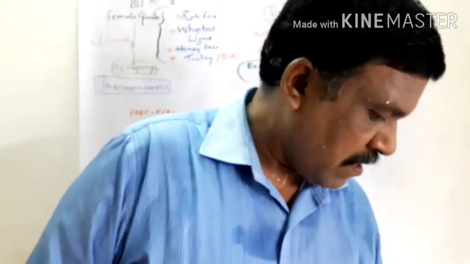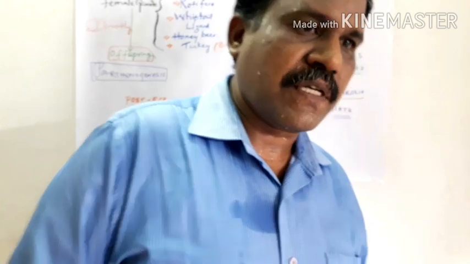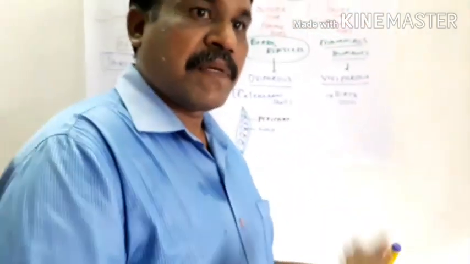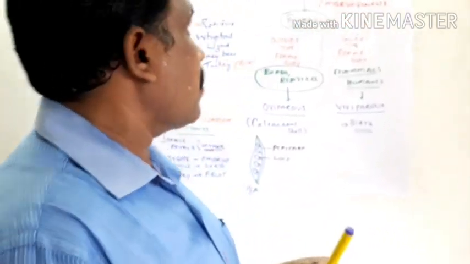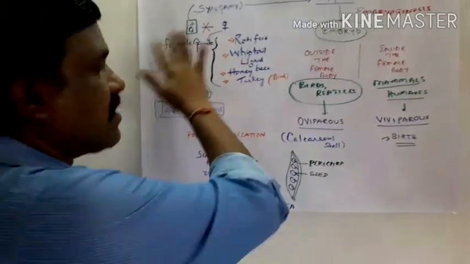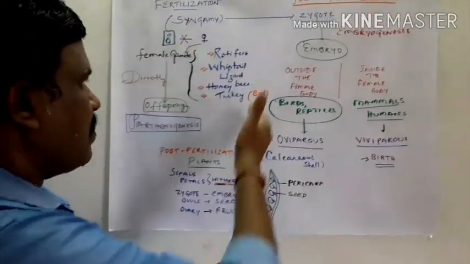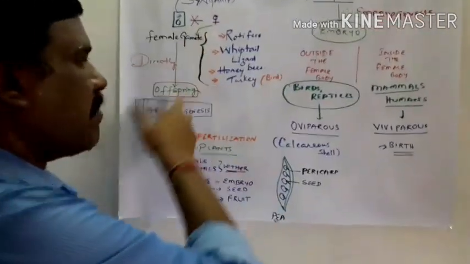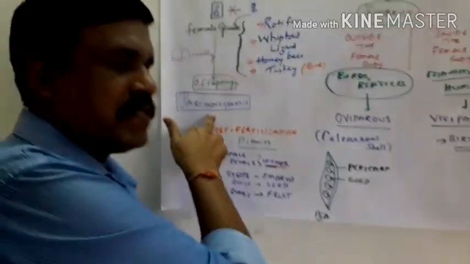So let me highlight the various features here, with the continuation of the previous topic, the events in sexual reproduction, that is fertilization and post-fertilization. There are certain exceptions in these organisms, where the female gamete directly forms offspring, which is called parthenogenesis.